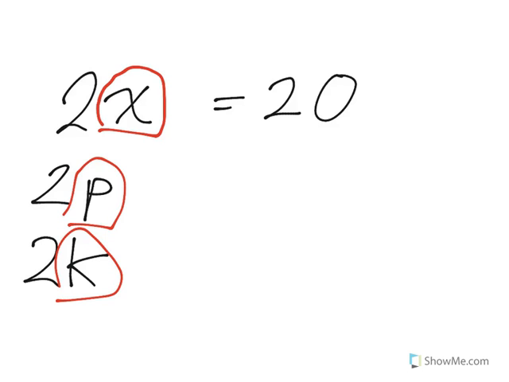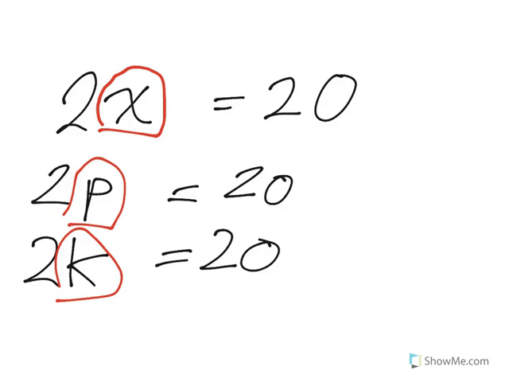But what we do know is that 2 p's, or 2 x's, make 20; 2 k's make 20, correct? If I drew k as an envelope, you know what an envelope is, yeah? There are 2 equal envelopes.